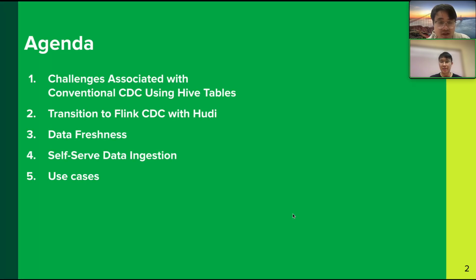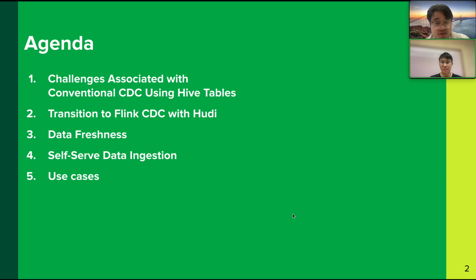So here is the agenda today. First, we're going to talk about challenges with the conventional CDC using Hive tables, an implementation we did back in 2022. The second item is the reason and the high-level architecture for our transition to Flink CDC with Hudi.